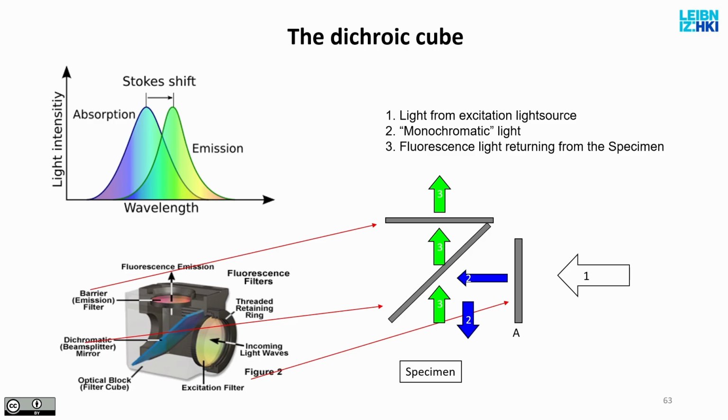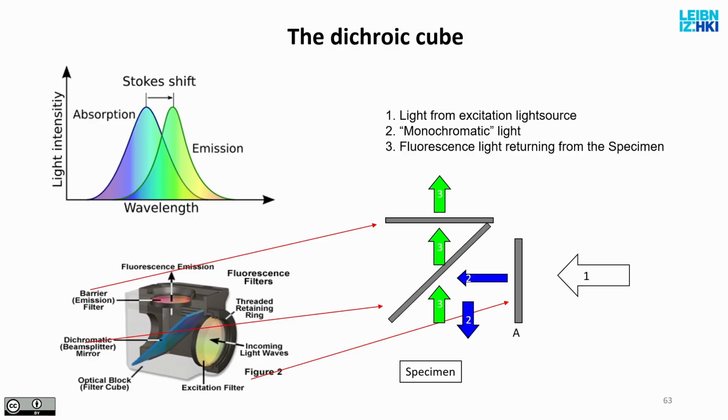And I separate them with this mirror, called a dichroic mirror, which has the property of reflecting below a certain wavelength. So blue light will be reflected, and light above that wavelength will be transmitted. So if I put a mirror here which has a threshold wavelength of, I don't know, 495 nanometers, it will reflect 480, which is the excitation light, but it will allow through 520 nanometers, which is the emitted light.